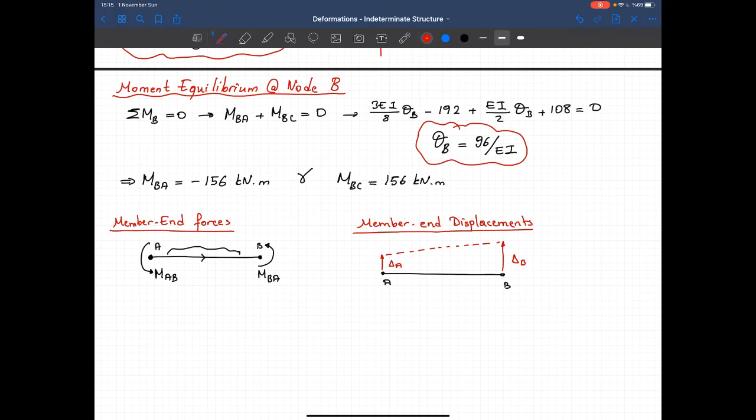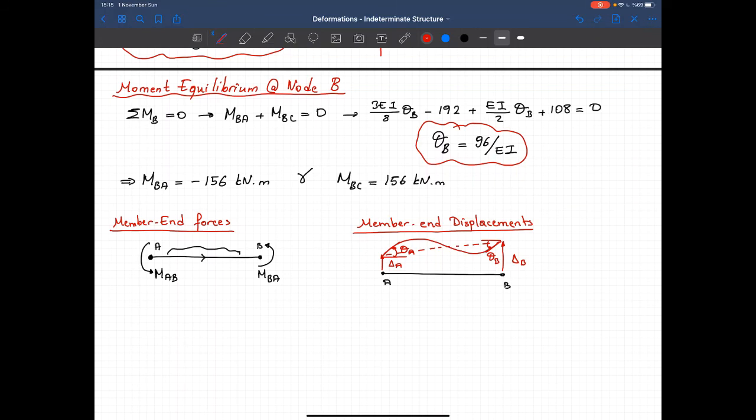But at the same time, I can have a rotation. Point A can rotate. So let's throw a counterclockwise rotation here, theta A. And point B can rotate. So let's have a counterclockwise rotation for B. Let's define it, theta B. And I can have a deformed shape in this member in the following form.